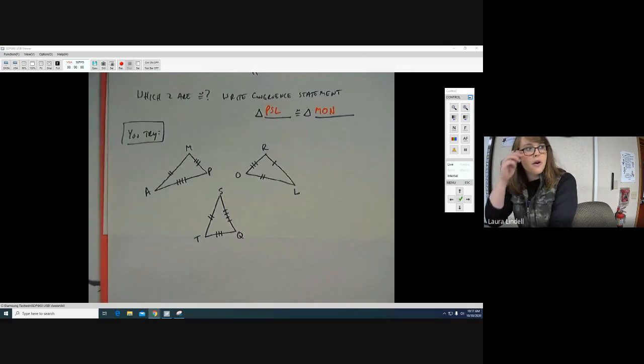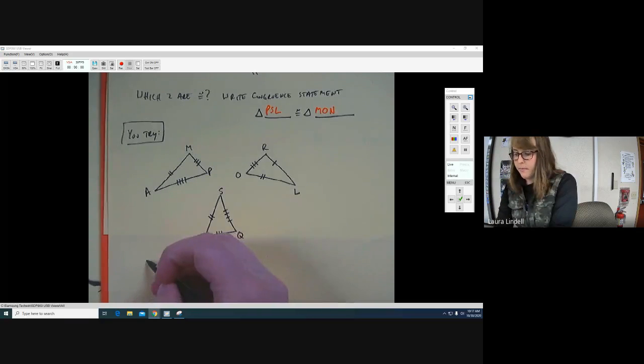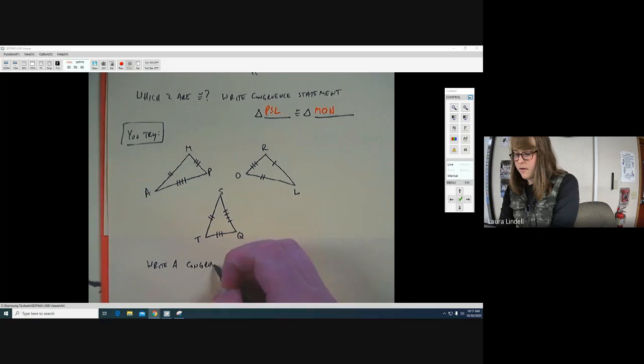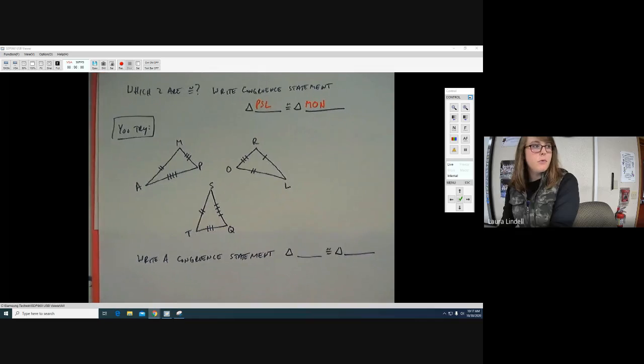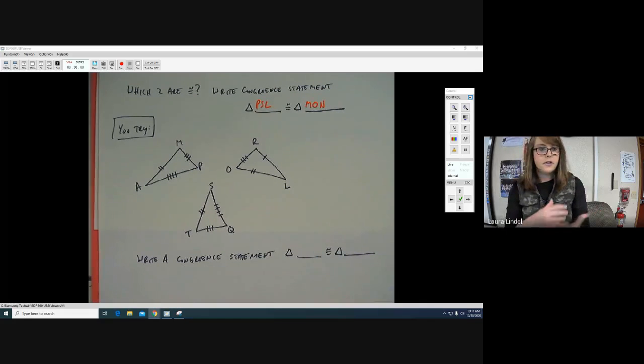So we want to know which two are congruent and write a congruent statement for them. And keep in mind there are multiple correct answers here as to your congruent statements, depending on what you pick for your first triangle. So take a couple minutes. When you think you have it, type caramel apple in the chat when you think you've got it.